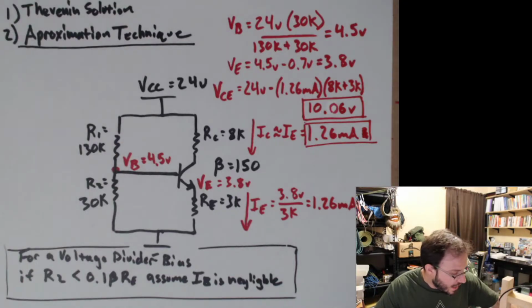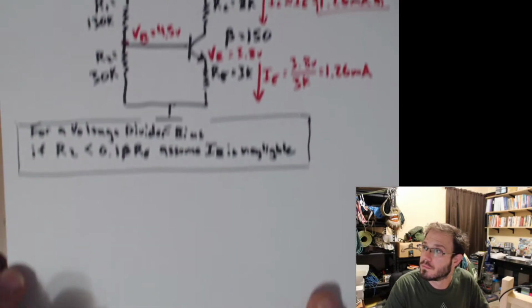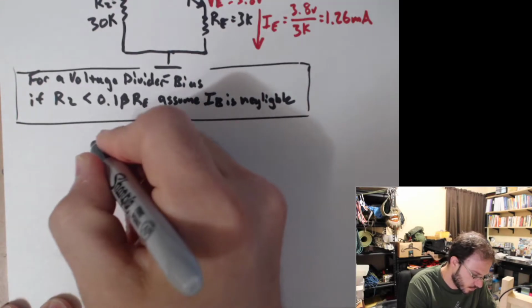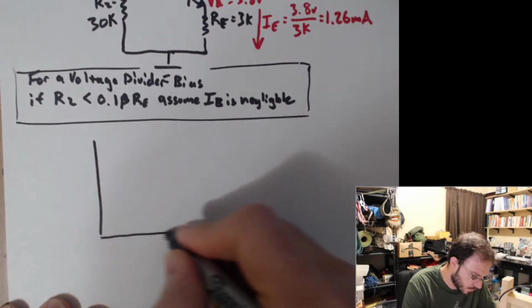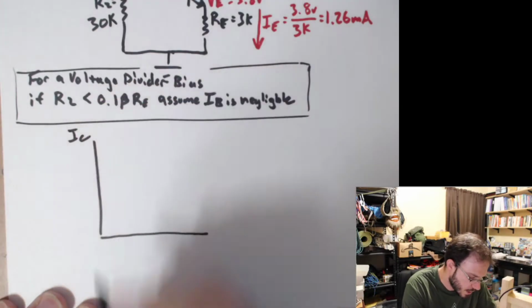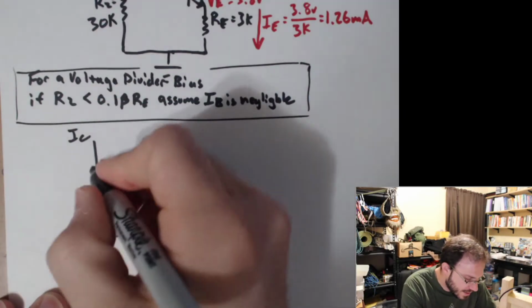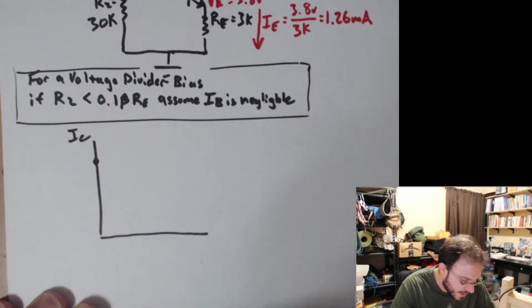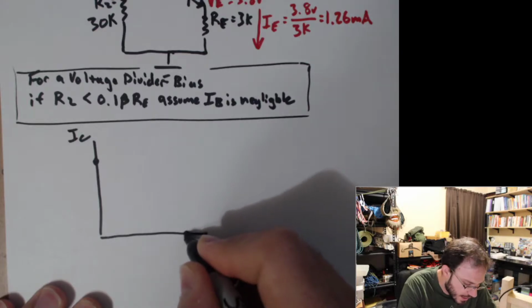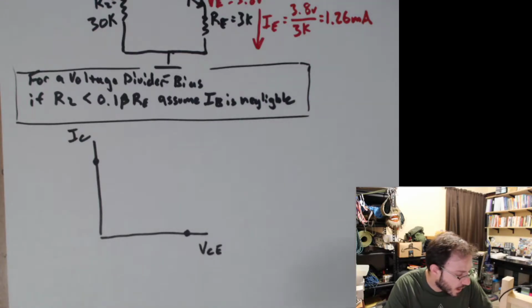So if we go ahead and finish this up by doing the load line, we're going to plot a line from IC where it intersects with saturation, and the same thing for VCE where it intersects at its greatest point, which is at cutoff.